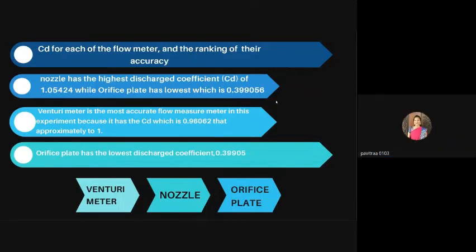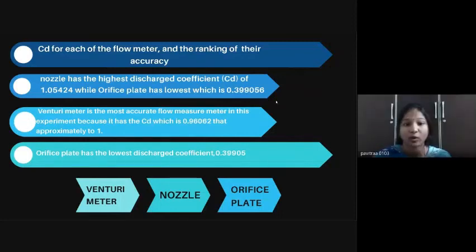From the result attained in the table, the nozzle has the highest discharge coefficient of 1.05424, while the orifice plate has the lowest, which is 0.399056. However, the coefficient of discharge can never be greater than 1.